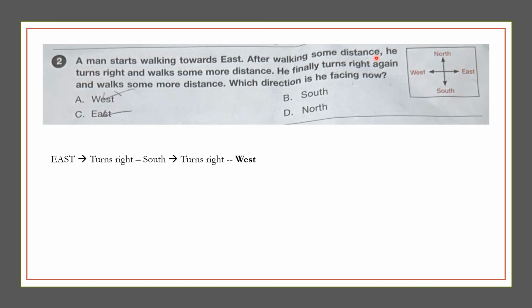Now after walking some distance, he turns right. So from east he turns right, and he will be facing the south direction. Now he walks some more distance. He finally turns right again. So from south he again turns right, and he is now facing the west direction. So our answer is option A, west.